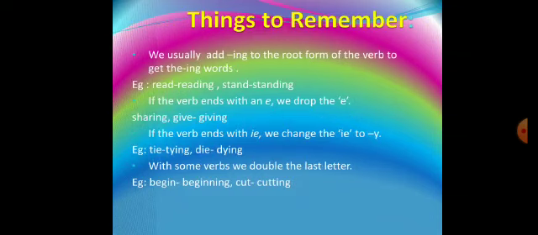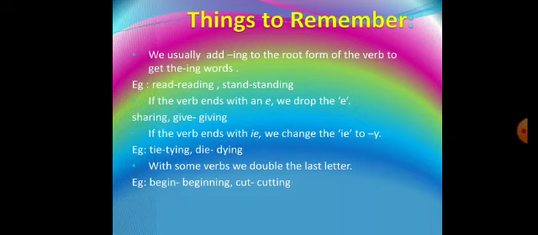Now here are a few things which we should remember. We usually add ing to the root form of the verb to get the ing words. For example, read, reading, stand, standing. If the verb ends with an e, we drop the e and add ing. For example, share becomes sharing, give becomes giving.